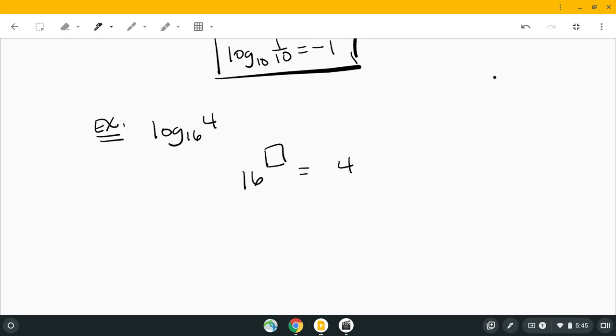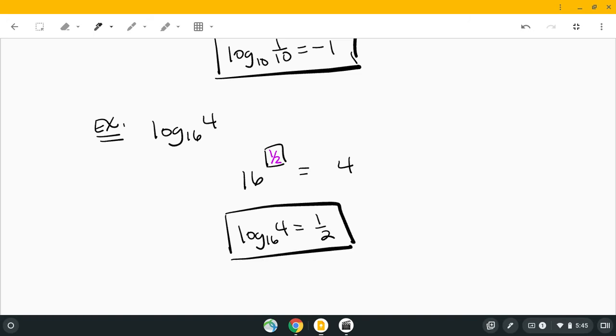And if you remember, the square root can be written as a rational exponent 1/2. A 1/2 exponent is the same thing as square root. So that would be your answer. Log base 16 of 4 is equal to 1/2.